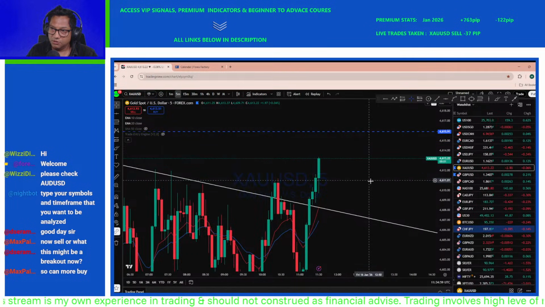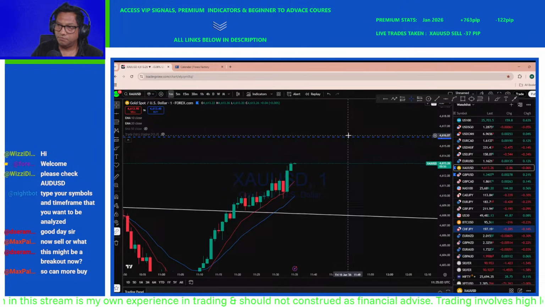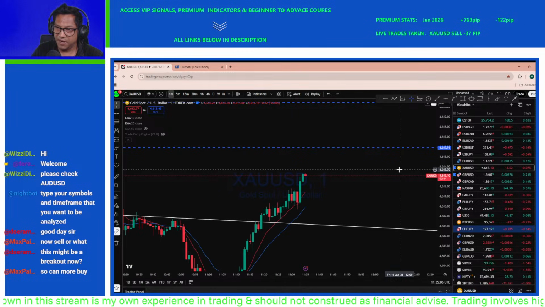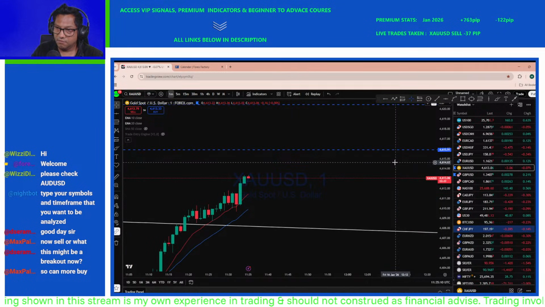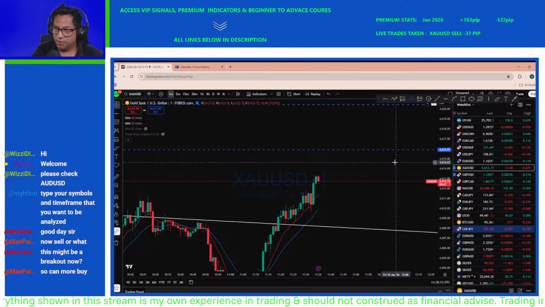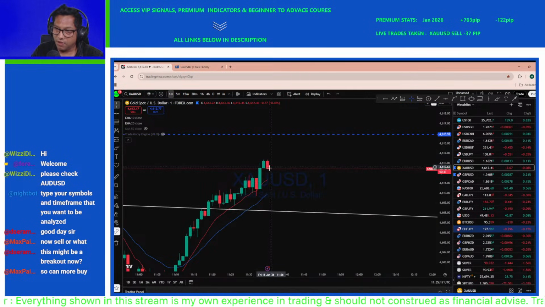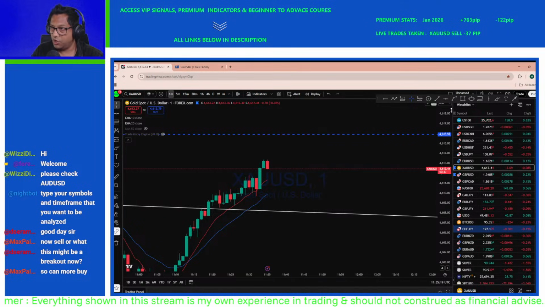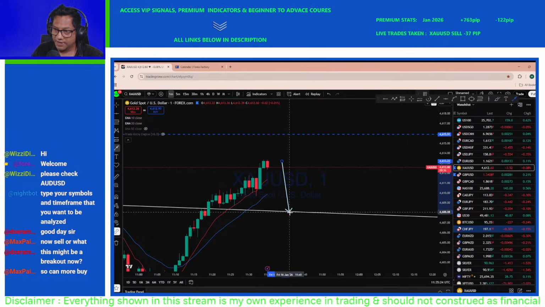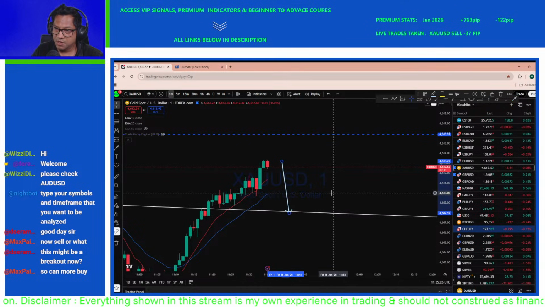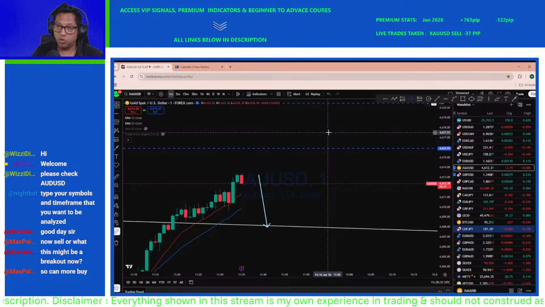So far it is showing an upside bias, and we will be looking for the market to eventually trend back down, back below here, and it's still possible that the market will continue to rise.